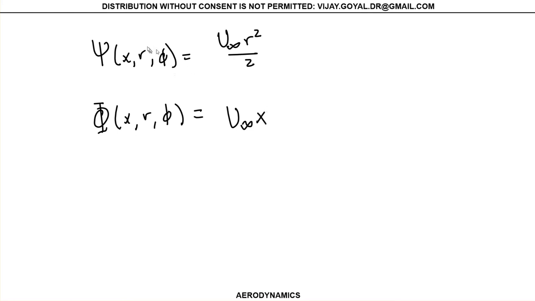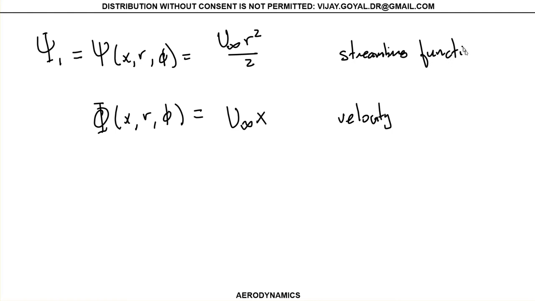So this is one of my streamlines, psi 1, and this is the velocity potential. Streamline function, velocity potential.